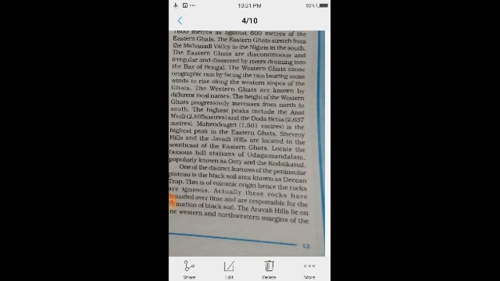One of the distinct features of the peninsular plateau is the black soil, known as Deccan trap. Peninsular plateau की जो black soil है, they are known as Deccan trap. This is of volcanic origin, hence the rocks are igneous.